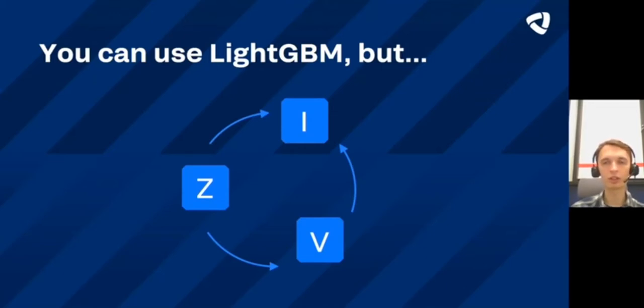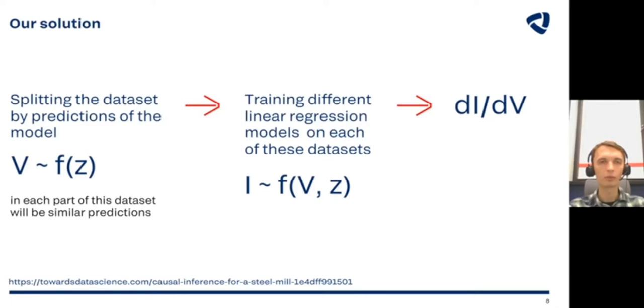I don't suggest using a machine learning approach such as LightGBM in such problems. Usually you train a model of electric current with respect to velocity and other parameters.